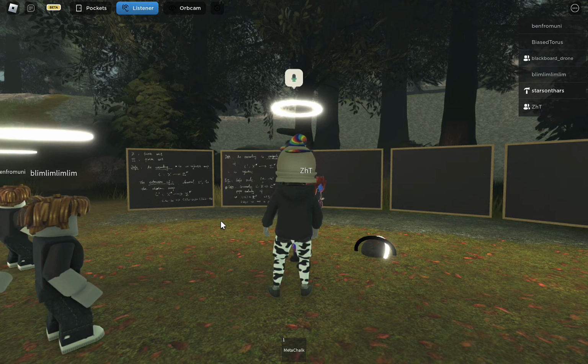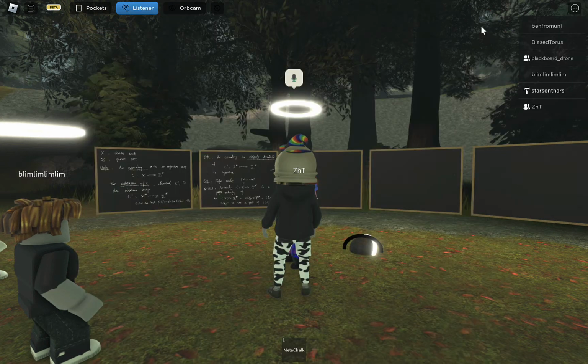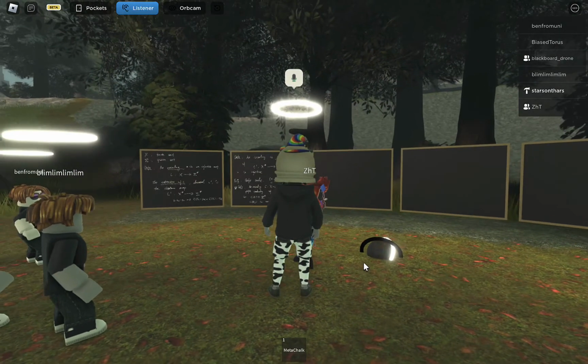And the meaning of prefix with the empty string is a little unclear. So maybe by encoding we take as a hypothesis that C of x is non-empty, right? Yes. Cool.